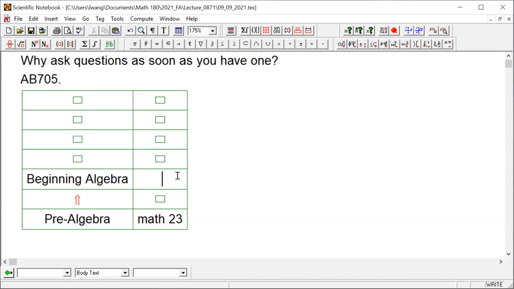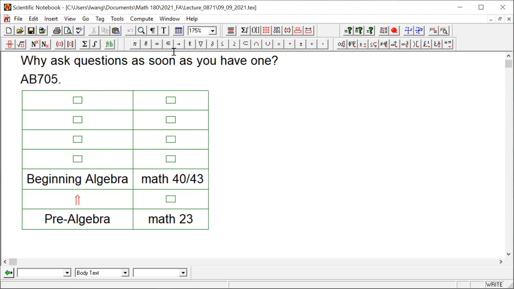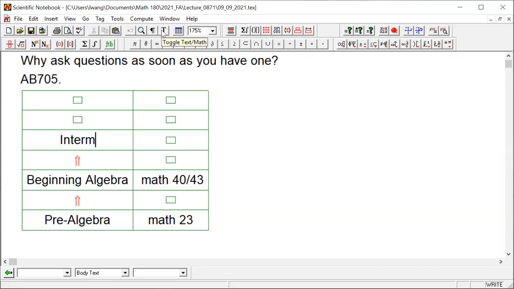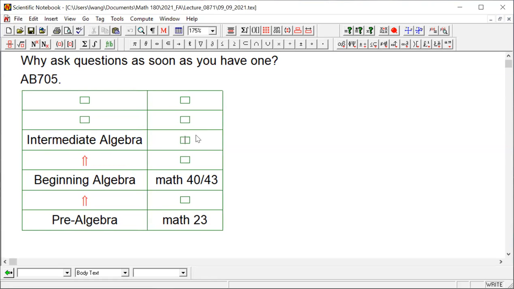And we also have a different version of it, like Math 40, 43, right? And after that class is intermediate algebra. Typically called Math 73, 70.